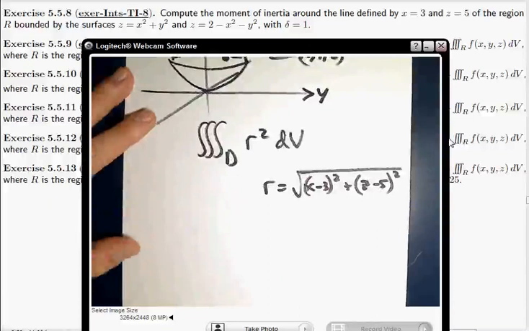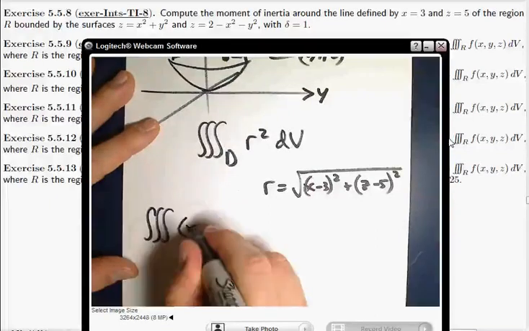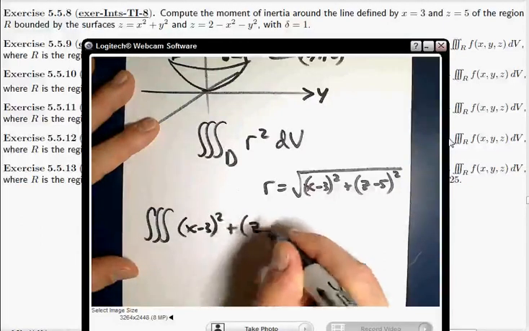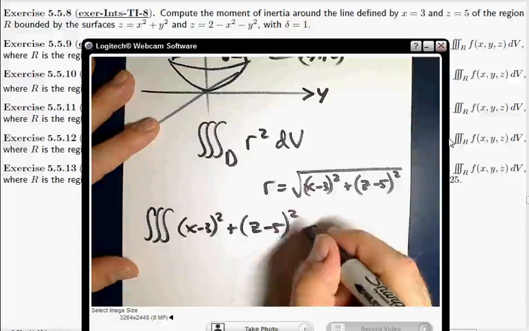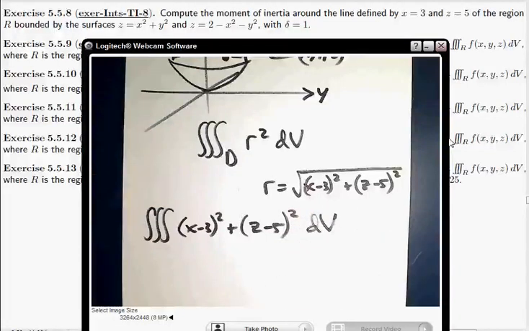So I just have the triple integral of (x minus 3) squared plus (z minus 5) squared dV. Okay, everybody happy?